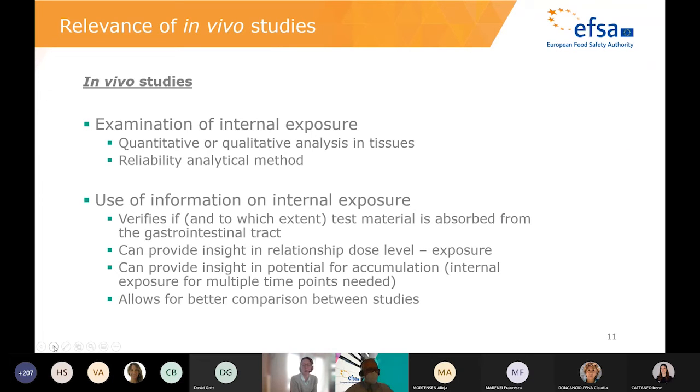It can provide insight in the relationship between the dose level that is used and the internal exposure. It can provide insight in the potential for accumulation, which is something we would like to consider in the case of nanomaterials and small particles. But you need several time points there, and it also allows for a better comparison between different studies.